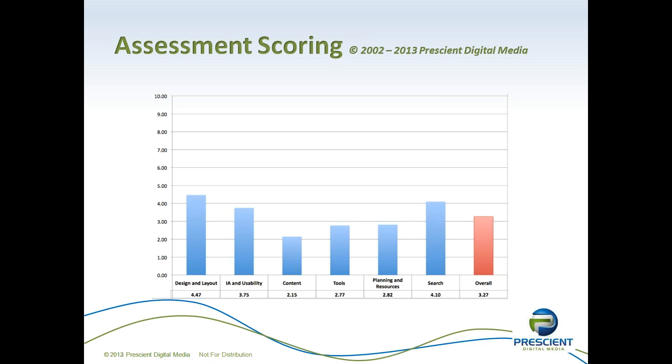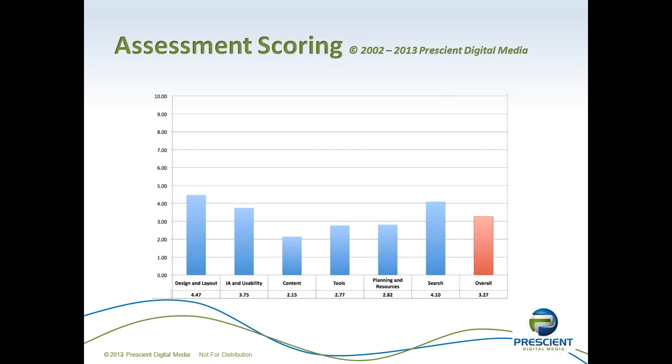But we give it a quantitative score at the end of the day, an overall score out of 10, so that you know in a moment, in half a second, exactly how good your intranet is. And this is particularly good for benchmarking, so you can benchmark against other intranets, but also for your gap analysis. We know where we want to go.